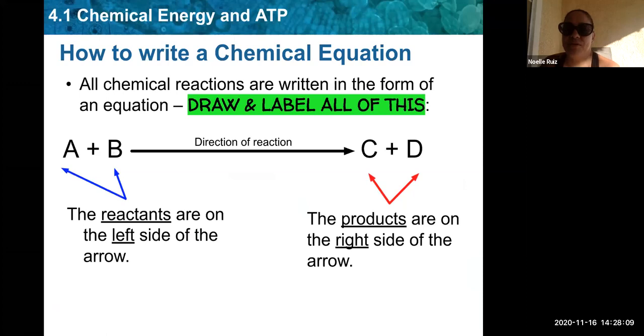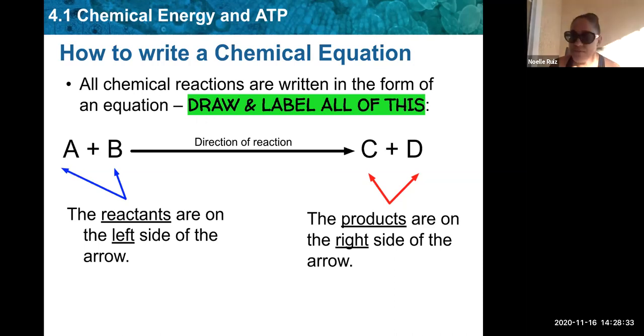How to write a chemical equation. All chemical reactions are written in the form of an equation. There's a few differences from a math equation. But make sure you draw and label all of this. You have your reactants, always go on the left side. Here we just use A and B as placeholders. A and B just happen to be on the left side of the equation, so those are the reactants.